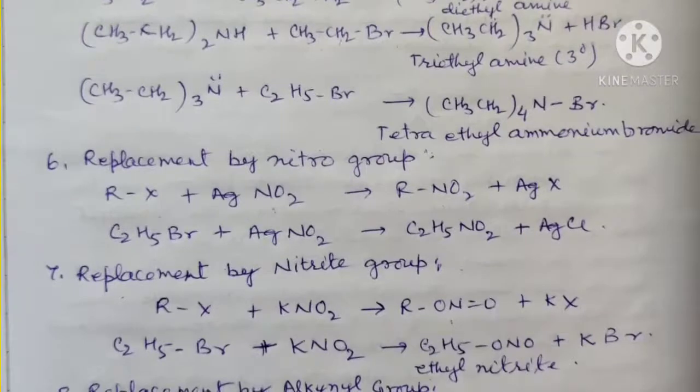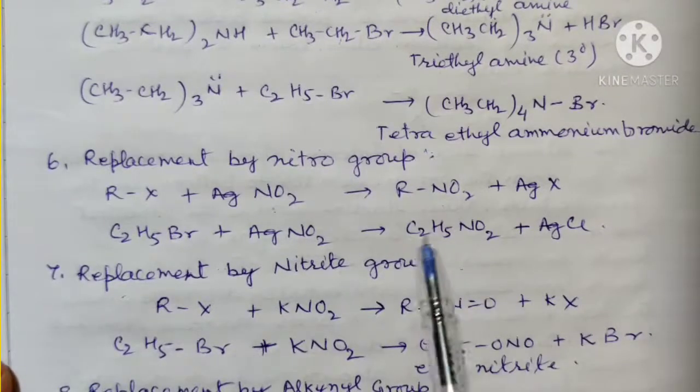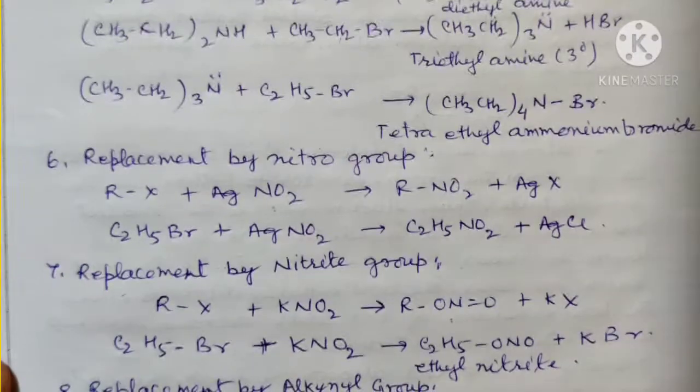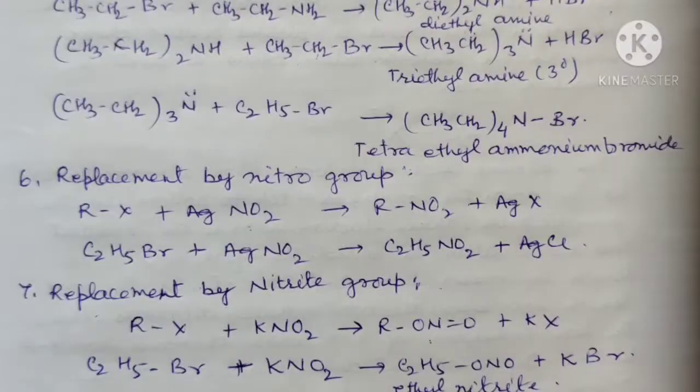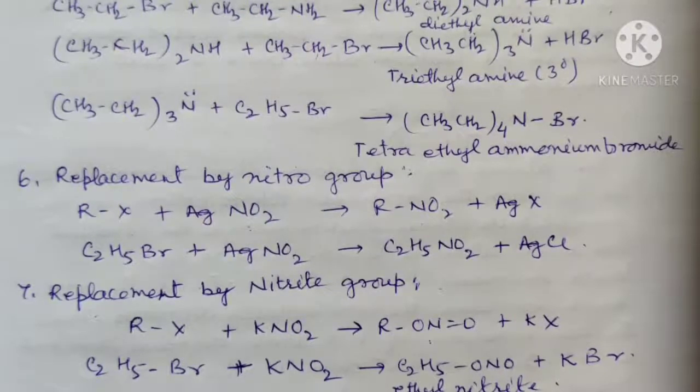Now the sixth is replacement by nitro group. On treating an ethanolic solution of haloalkanes with silver nitrite, nitroalkane is formed.